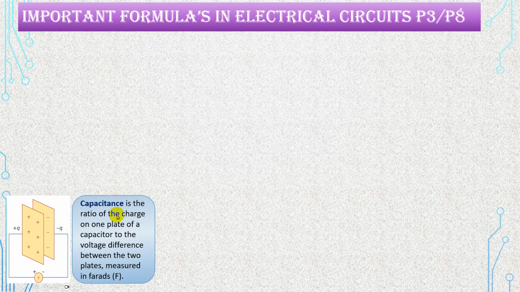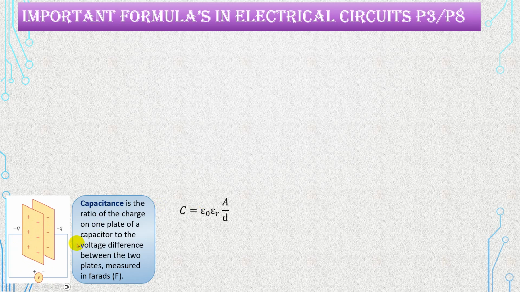Capacitance is the ratio of the charge on one plate of the capacitor to the voltage difference between the two plates, measured in farads. So the charge Q divided by the voltage difference, meaning the voltage we applied, is nothing but your capacitance. So Q divided by V is your capacitance.